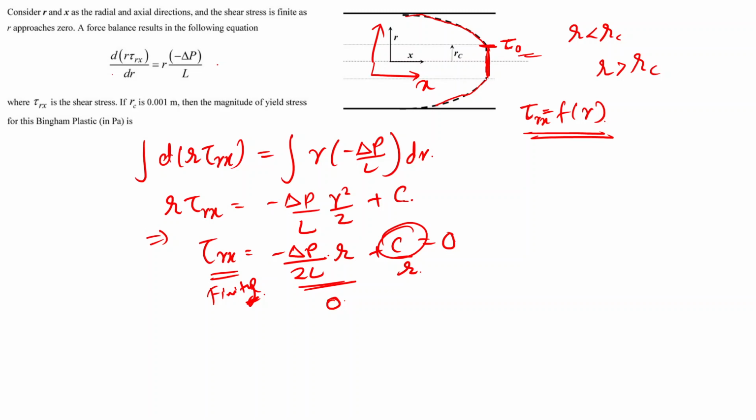So for both the sides to be finite, the value of constant C is 0. And from this, we get the correlation as tau Rx is equal to minus of delta P upon 2L into R.